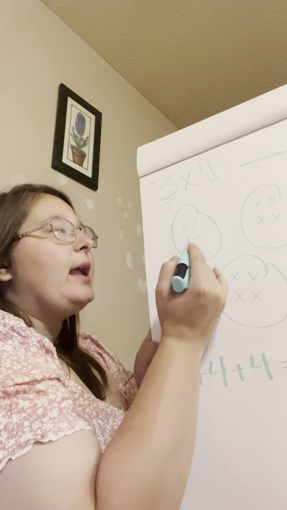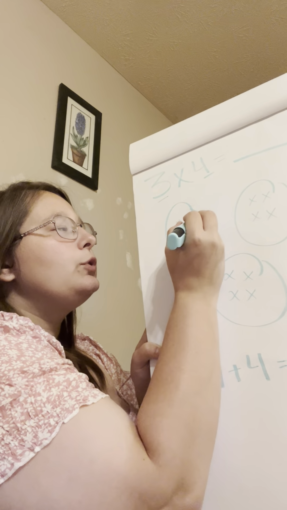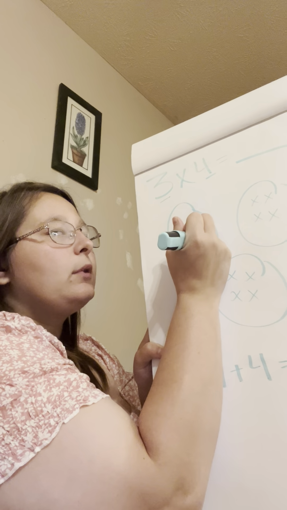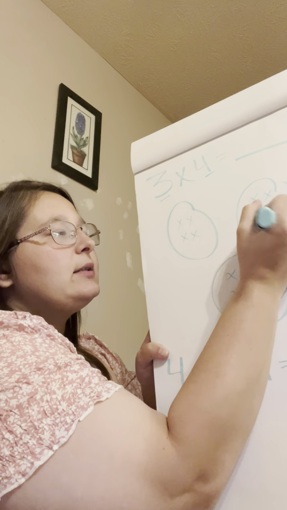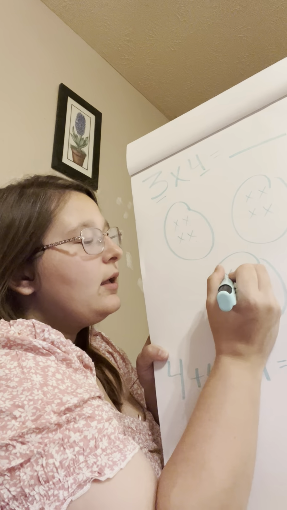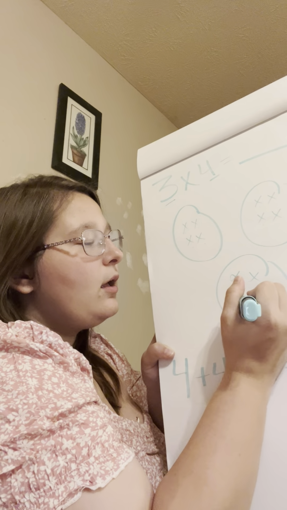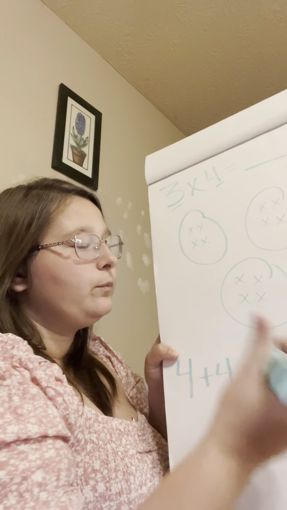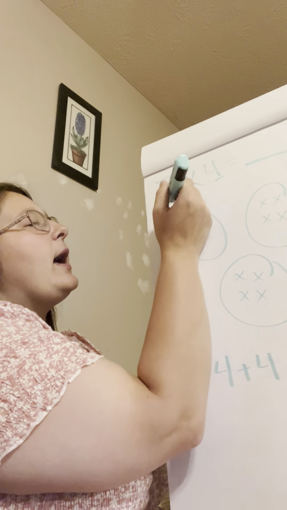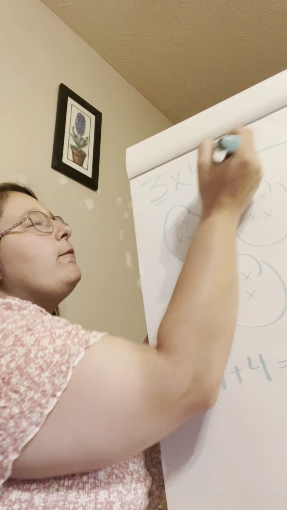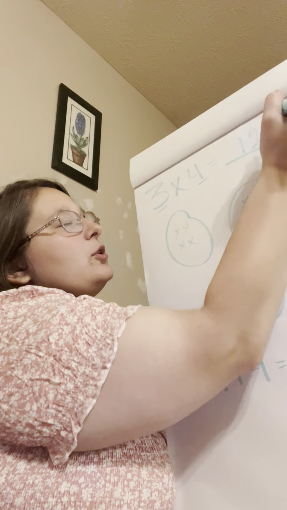So now, if we count, we have 1, 2, 3, 4, 5, 6, 7, 8, 9, 10, 11, and 12, which gives us our final number of 12. That tells us that 3 times 4 equals 12.